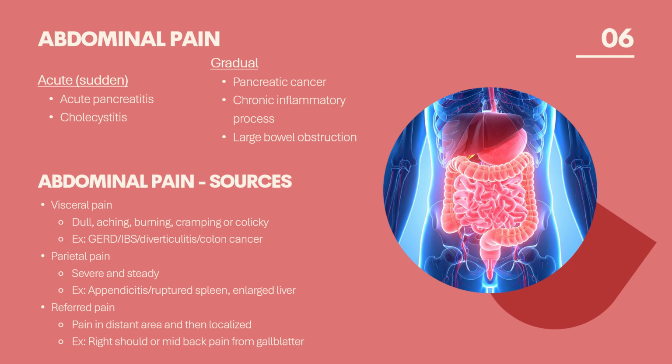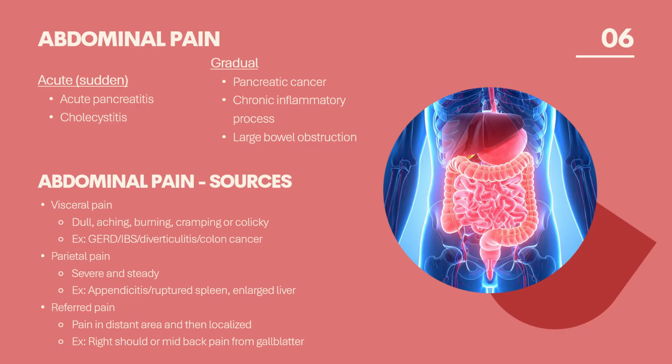So then we have abdominal pain regarding acute versus gradual. Acute is also known as sudden onset abdominal pain. This is pain that begins abruptly. Often it's going to feel very severe, it's unexpected, and it's rapidly worsening. Clinically, this is going to be more associated with an emergent issue, potentially life-threatening conditions.